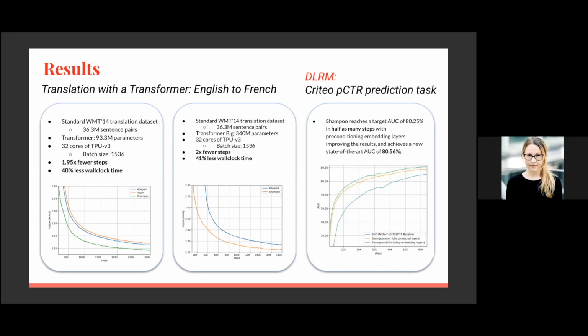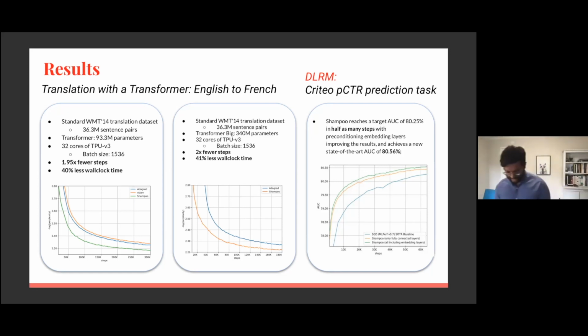Is Shampoo less sensitive to how you set the overall learning rate? For the ImageNet experiments, all the hyperparameters for different batch sizes are checked in. What we find is that when you tune, there's no linear scaling law or something that you typically prescribe.